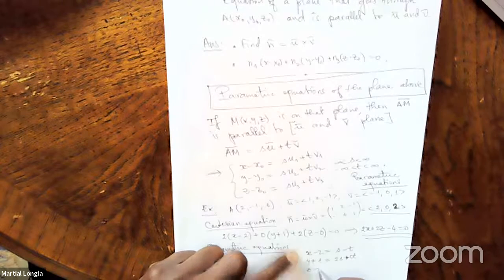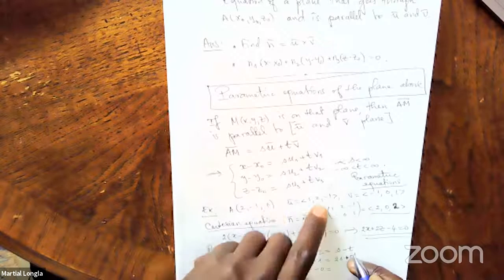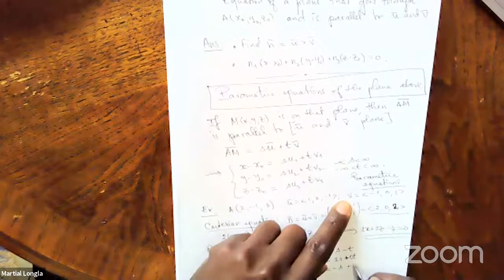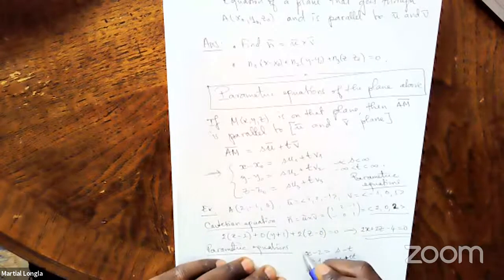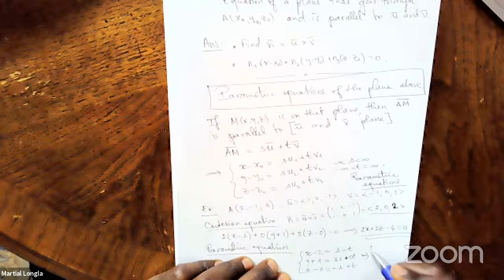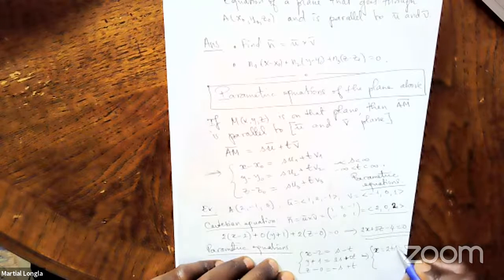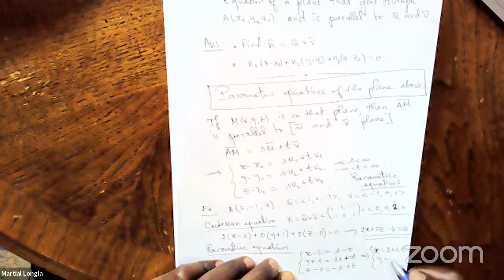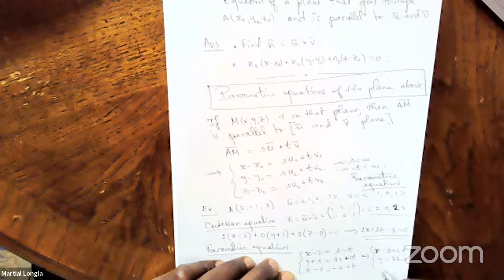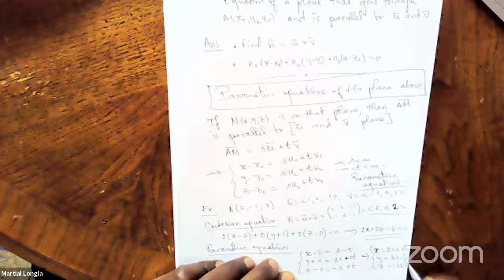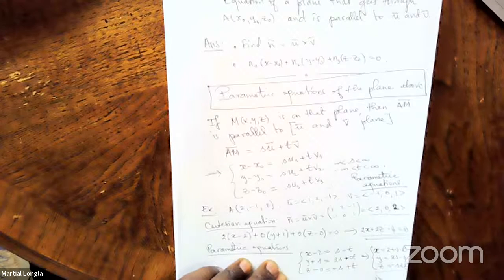And z minus 0 equals minus s plus t. That's what you will get as parametric equations: x equals 2 plus s minus t, y equals 2s minus 1, and z equals minus s plus t. So if you see something like this, you know it's the parametric equations of a plane.